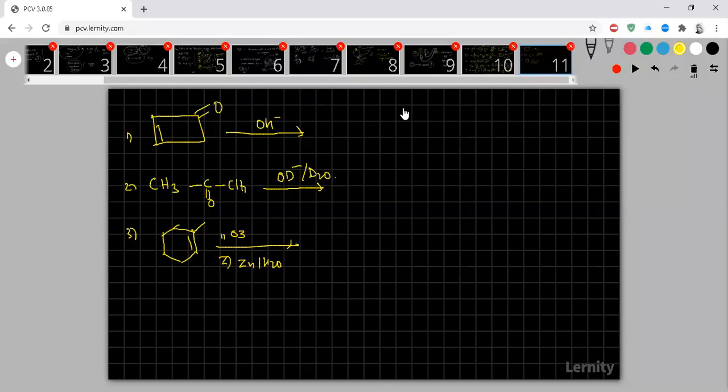Third question: both are aldehydes, you are saying. Please look at it once again. Check your answer.